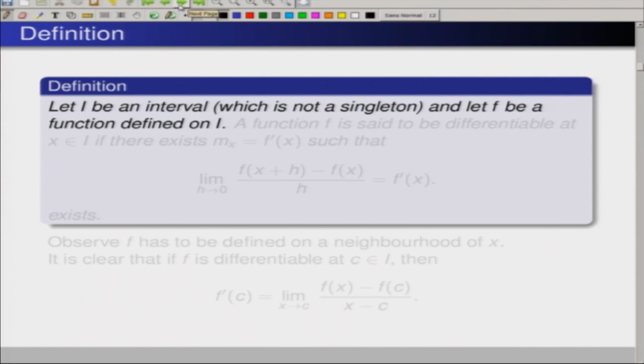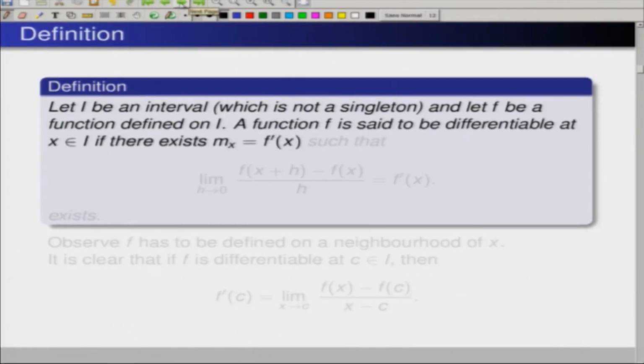Now, let us take a point x in I, and we say that a function f is differentiable at x if there exists an m of x, which depends on this x, such that the limit as h goes to 0 of f of x plus h minus f of x divided by h.